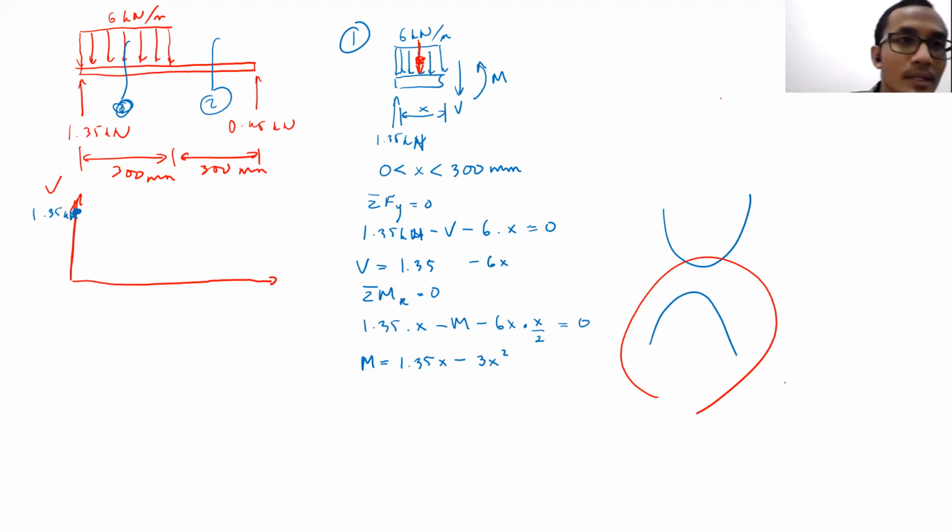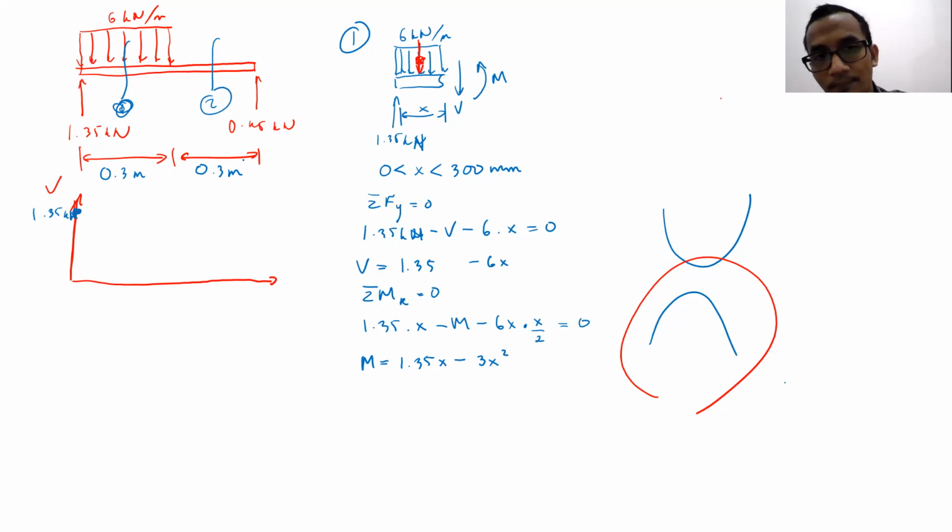Because the unit for the 6 there is supposed to be kilonewton per meter. I see. So this one is not supposed to be 300, but you're supposed to put it as 0.3 meters. Don't forget about units, because later the results will be weird, right? 1.35 minus 6 multiplied by 300 is not supposed to be that way, right? Yes. Okay, Rizky. So for everyone, please be very careful about it.